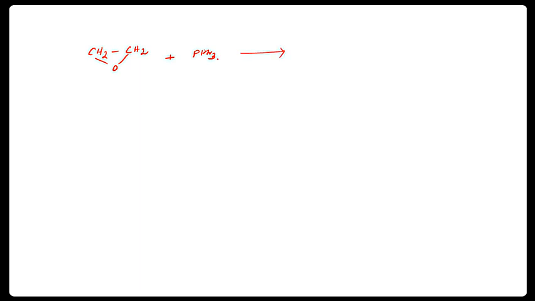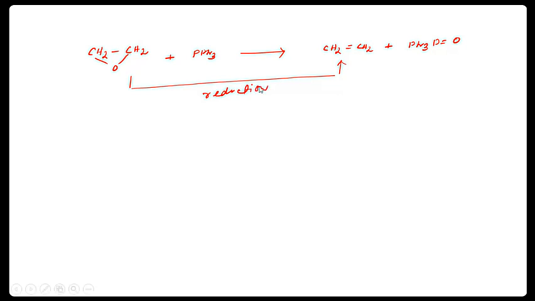We know that phosphorus has a strong tendency towards oxygen, so it will remove that oxygen, giving PPh3 double bond O. Basically, the phosphine removes the oxygen, which means this moiety is reduced to an alkene. So this is also a reduction.